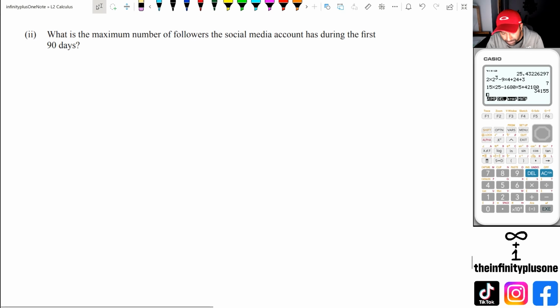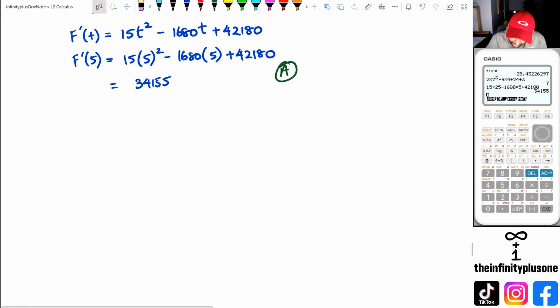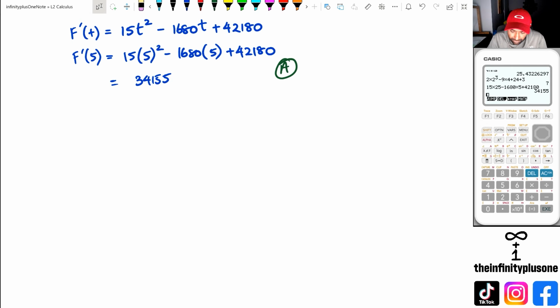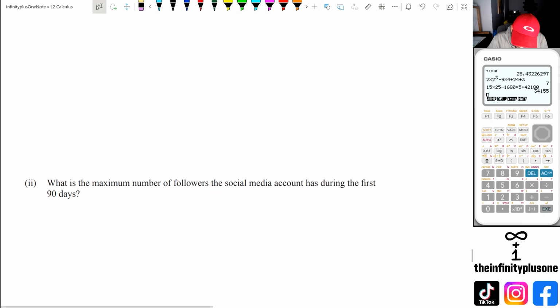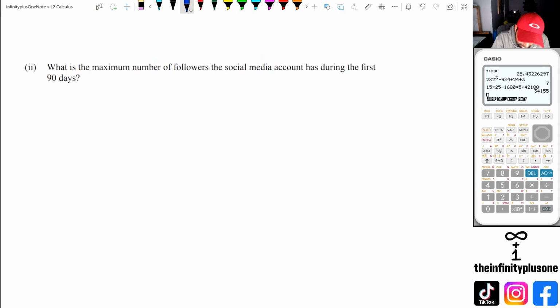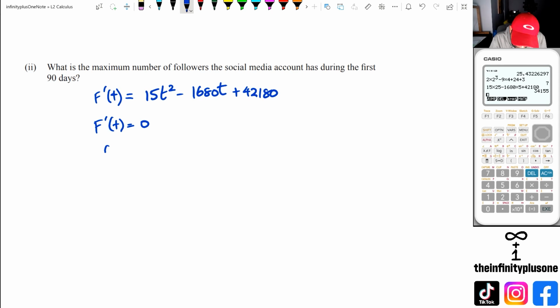We've got, what is the maximum number of followers during the first 90 days? So I guess we have to put the gradient equal to 0 and figure out the two values, and then go from there. The gradient function is 15t squared minus 1680t plus 42,180. For max or min to happen, this is equal to 0.